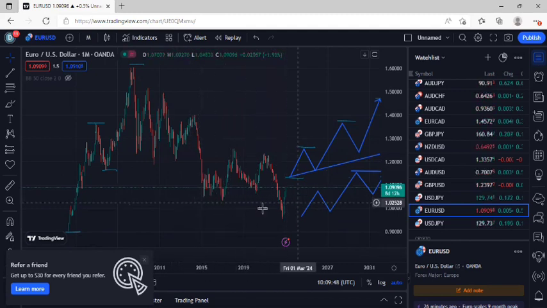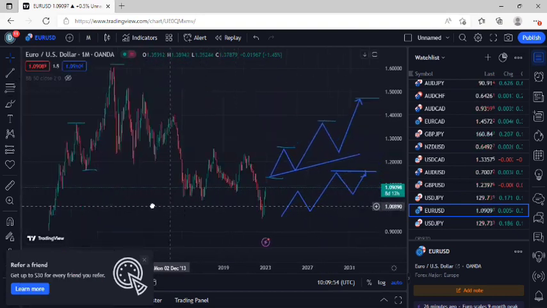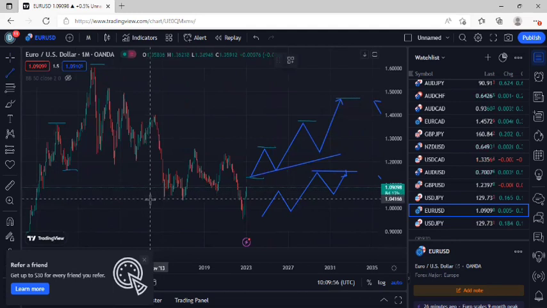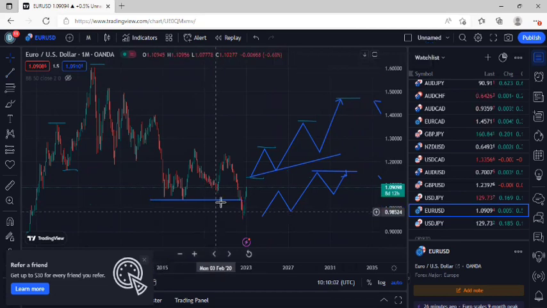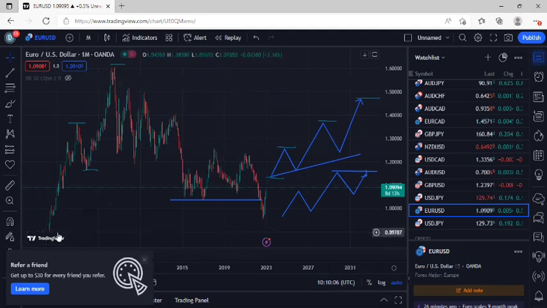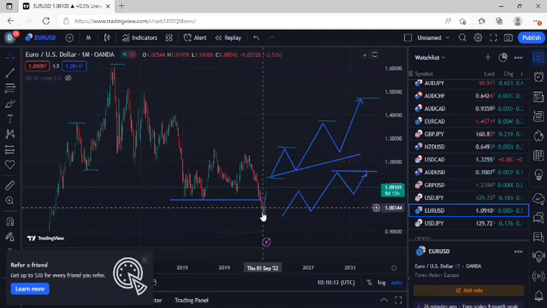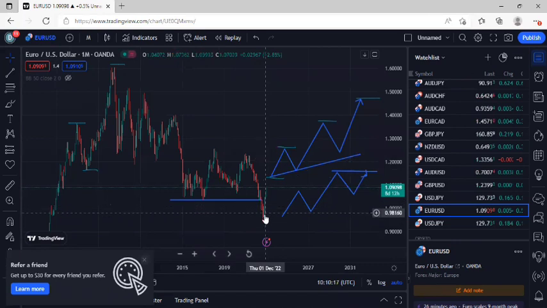So far, the market has broken this low. So this downtrend still continues until you get to this final stop here. So far, it has broken the previous structure here, so the downtrend still continues.